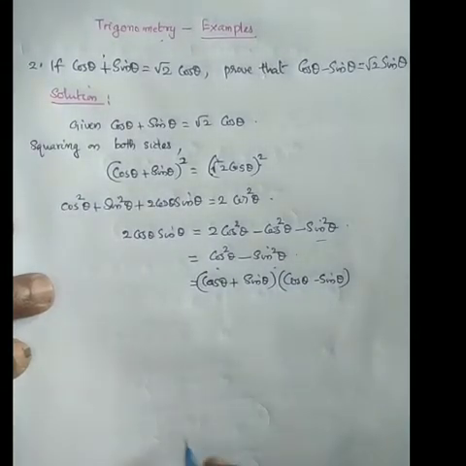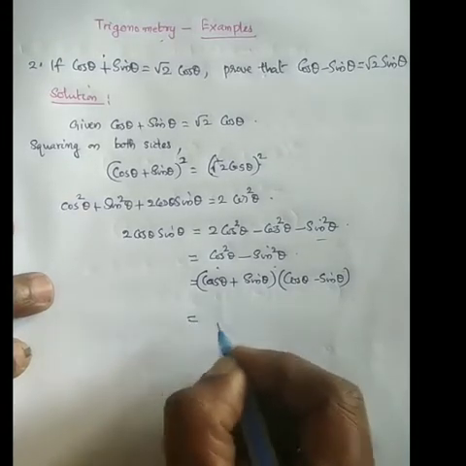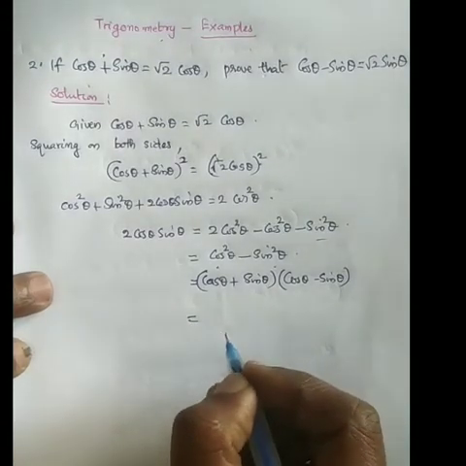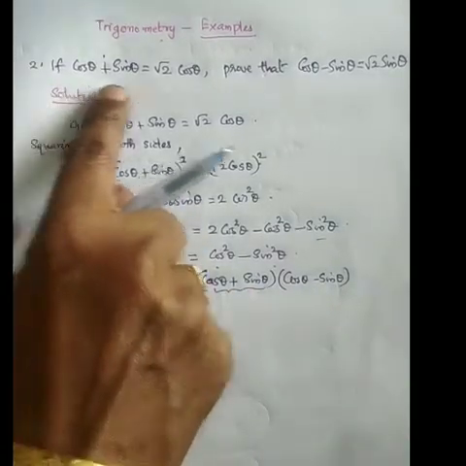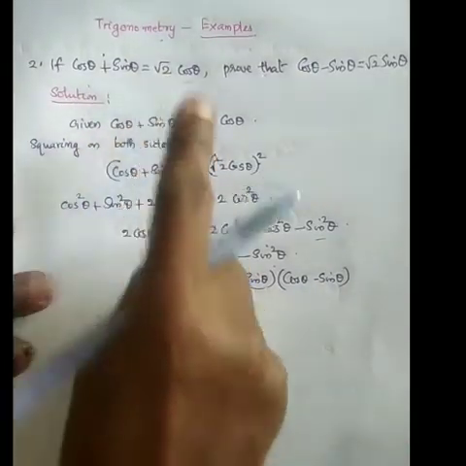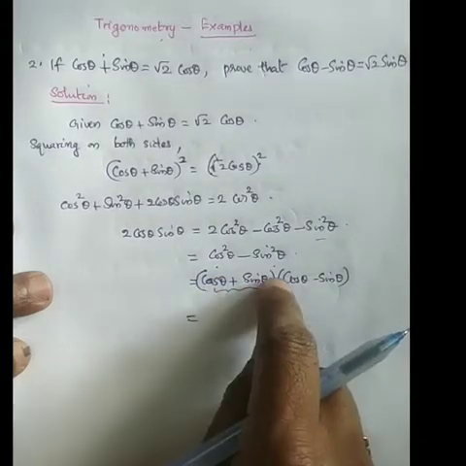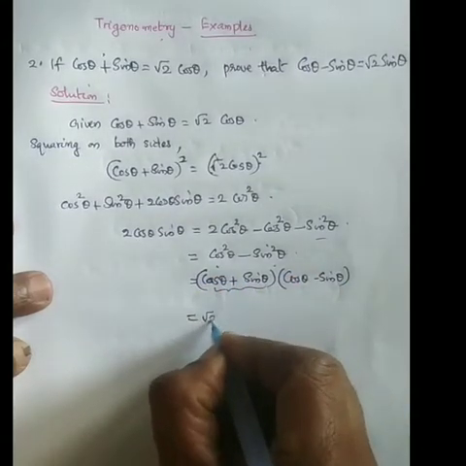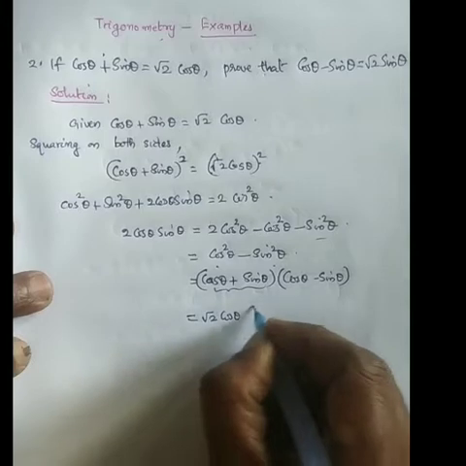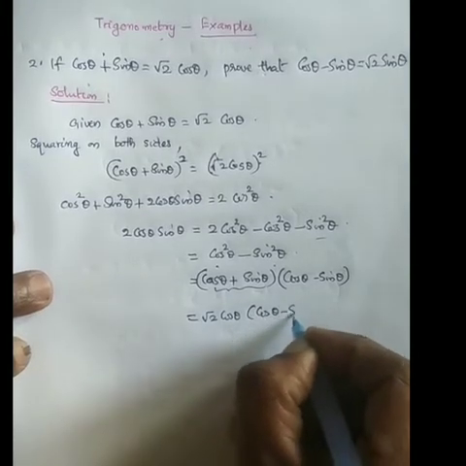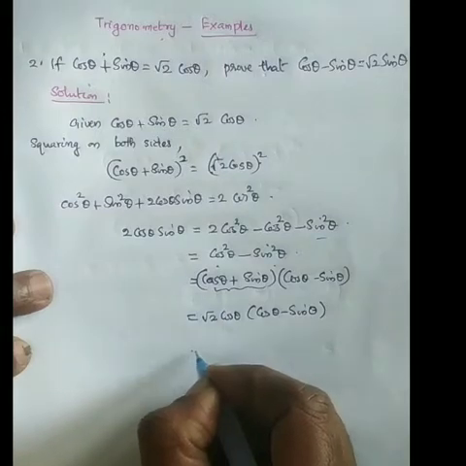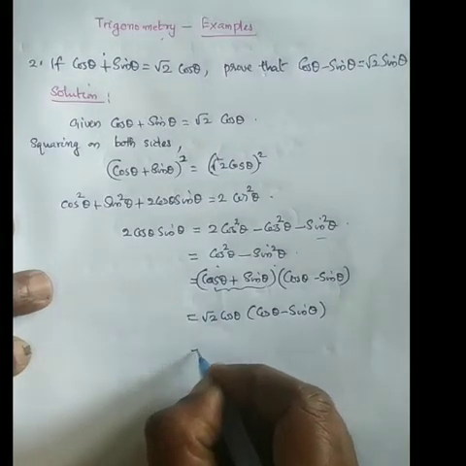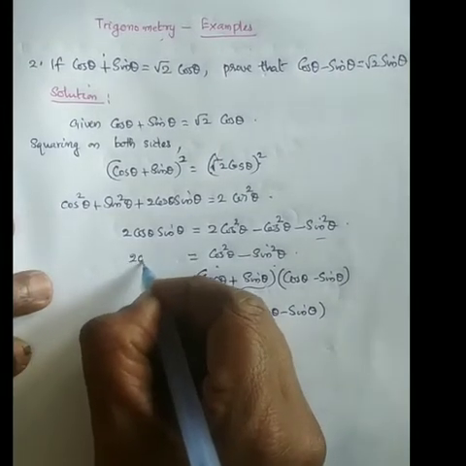That's equal to, given cos theta plus sin theta is root 2 cos theta. Therefore, this term becomes root 2 cos theta into cos theta minus sin theta. That's equal to 2 cos theta sin theta.